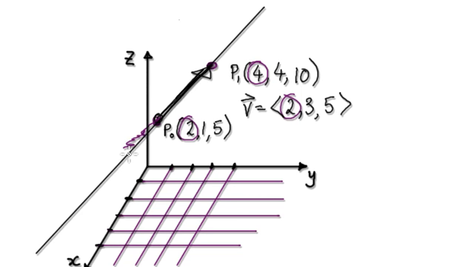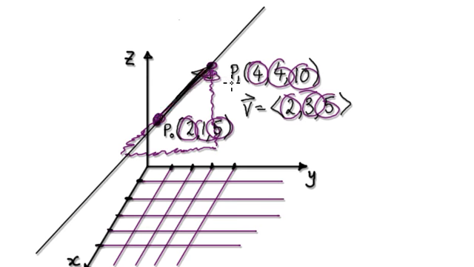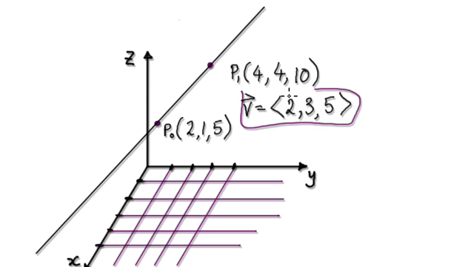So it's 1, 2, and then this take away this, that will be 3, and then 3 across in the y direction, 1, 2, 3. And then this take away this, that would give you 5, so 5 up in the z direction. So that would take you from here to here. So this vector here represents the path from here to here.